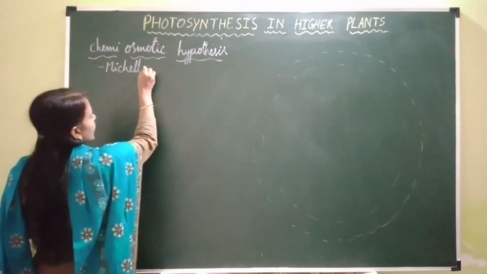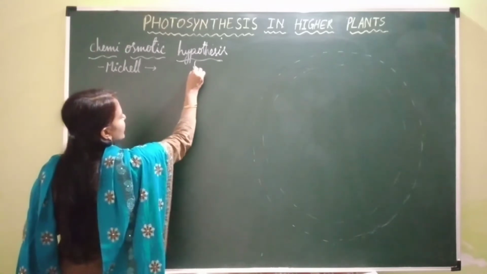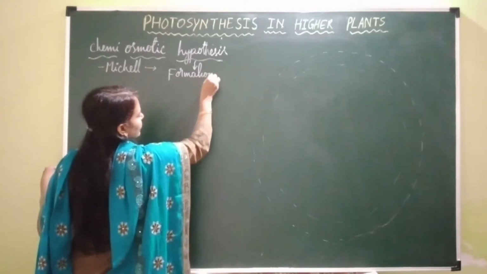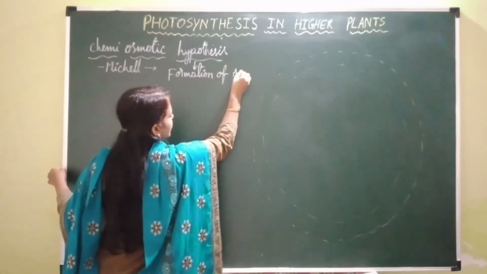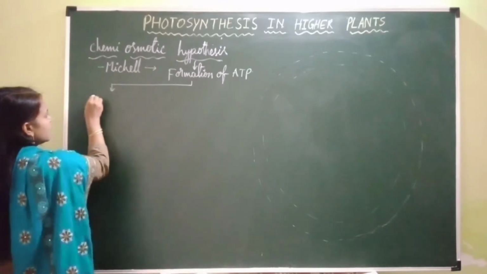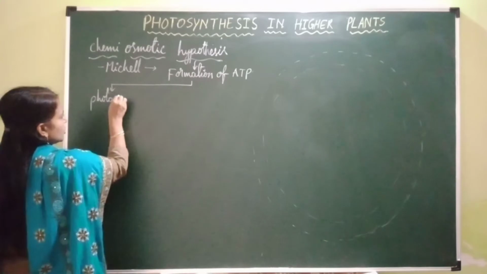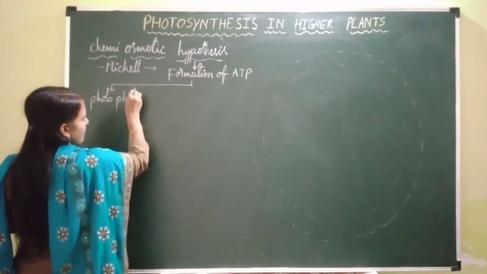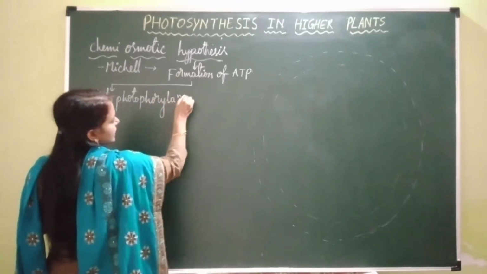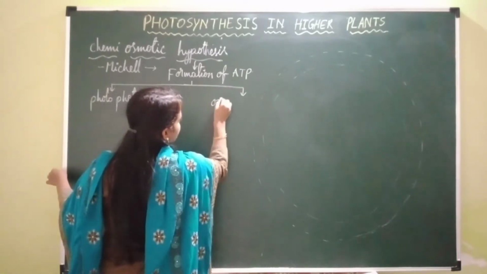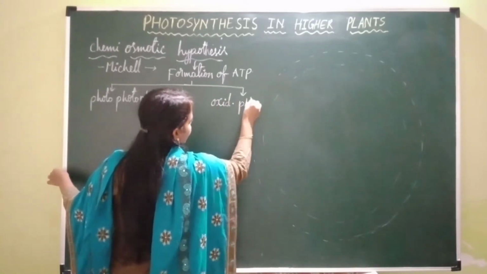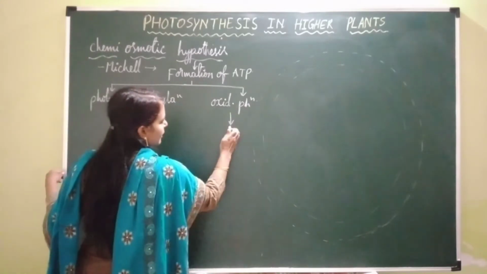So he gave this hypothesis to explain the formation of ATP which occurs during photosynthesis, that is photophosphorylation inside the chloroplast, and oxidative phosphorylation that occurs inside the mitochondrion.